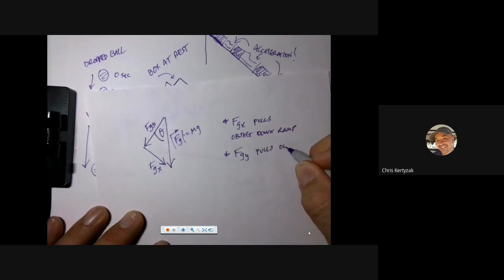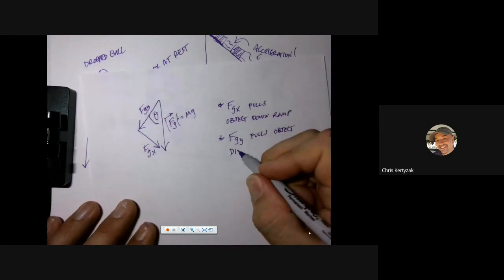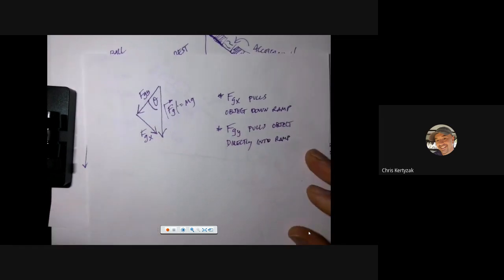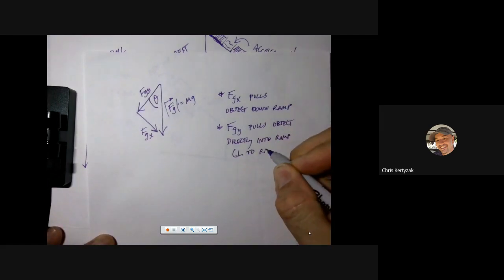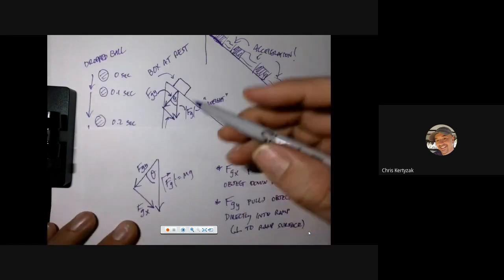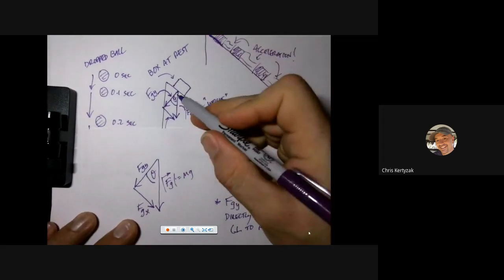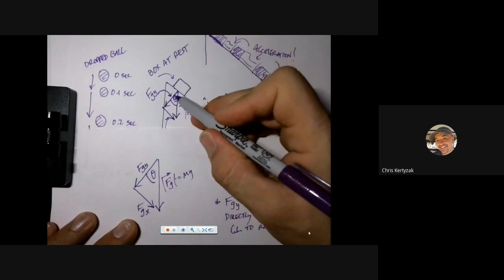It pulls the object directly into the ramp. You might say it's perpendicular to the ramp surface, in the sense that the ramp surface goes this way, and this force, FGY right here, is perpendicular. This would be a right angle right here.